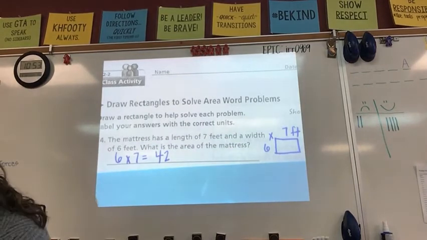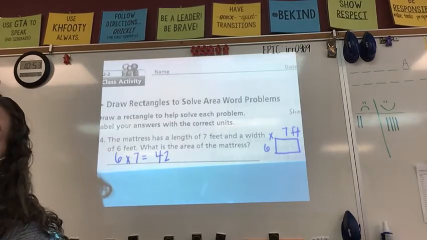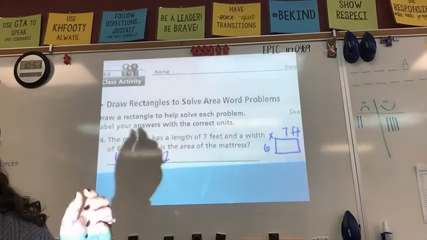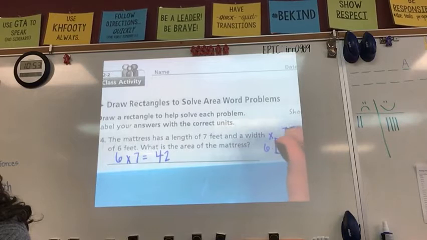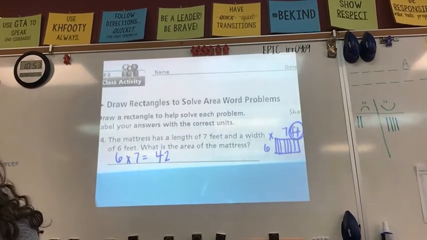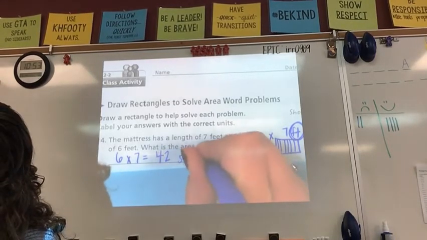42. What though? Because it can't just be 42 feet. Square units. And since it's area, you guys normally use square units, but they didn't just say these are units. They're specifically feet. So that means that each square isn't just going to be a unit, but it's going to be a square foot. So my label's square feet.